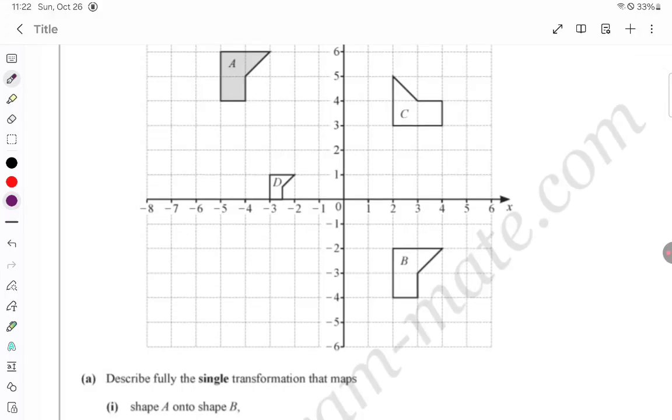This is our, if we calculate from this point, is present. If we talk about this point present here, so move 1, 2, 3, 4, 5, 6, 7, 8. 8 unit in the downward direction.